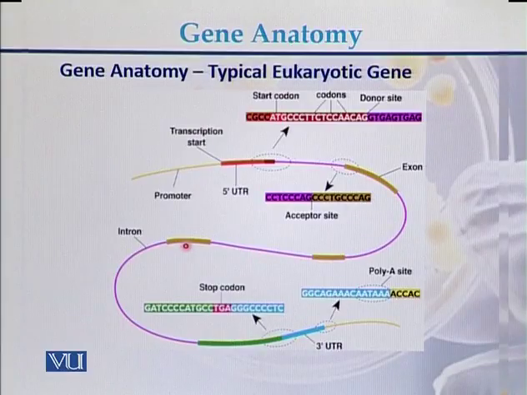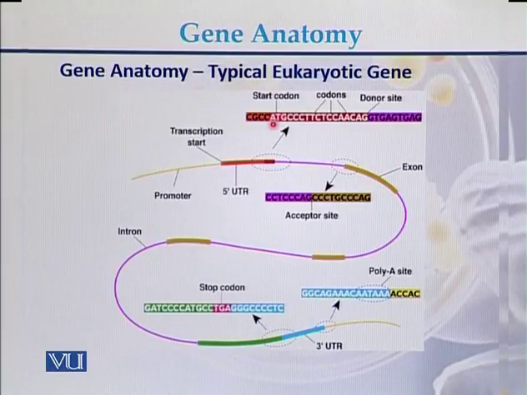So in the case of eukaryotic genes, the genes consist of exons and introns. This is the 5' UTR region, and this is the promoter region. The 5' UTR region consists of exon and intron.